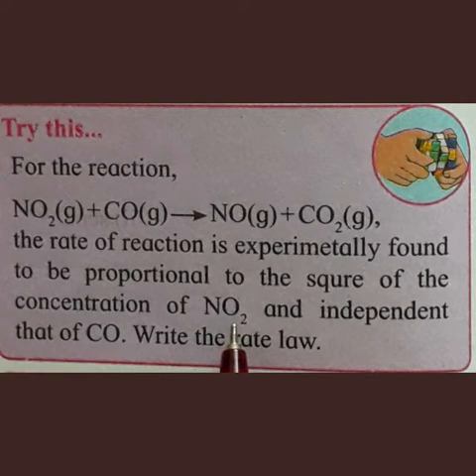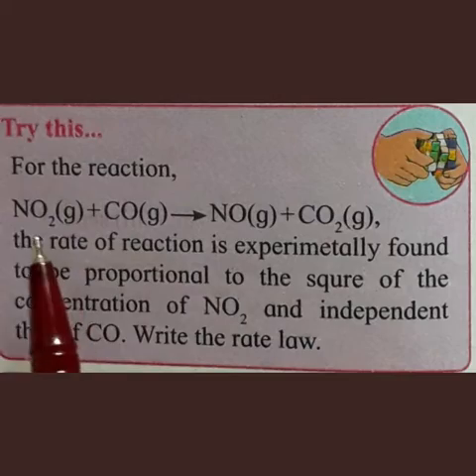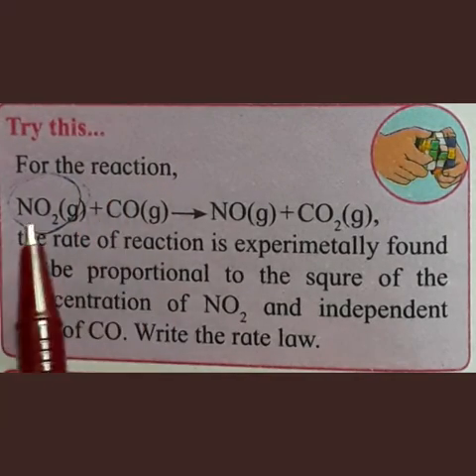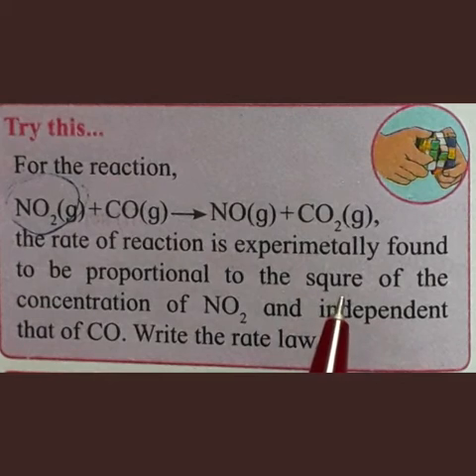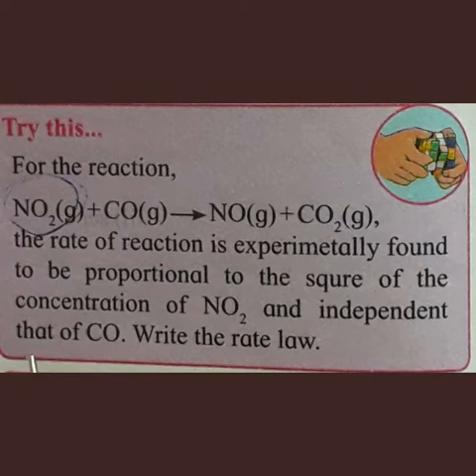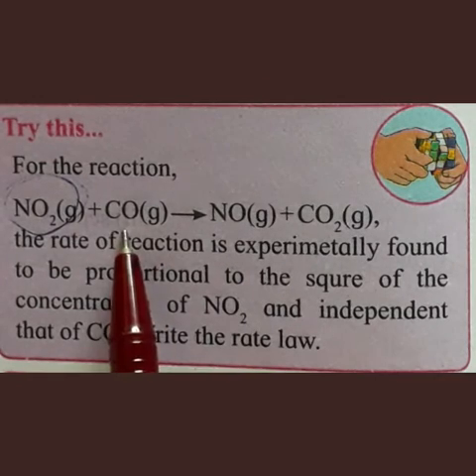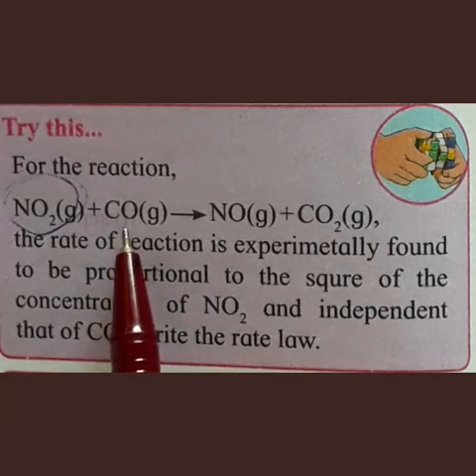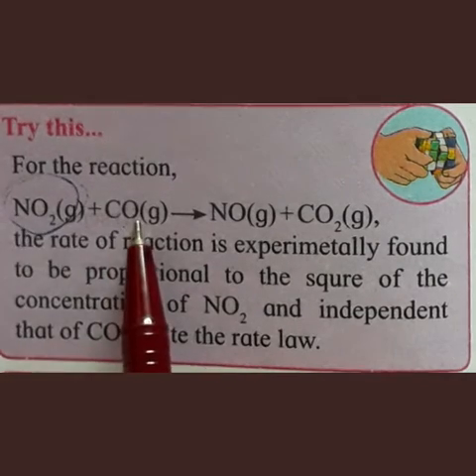Understand? Rate of reaction depends upon the square of the concentration of NO2. That means the value of x is 2 in this case. And it is independent of CO, carbon monoxide. It does not depend upon the carbon monoxide.